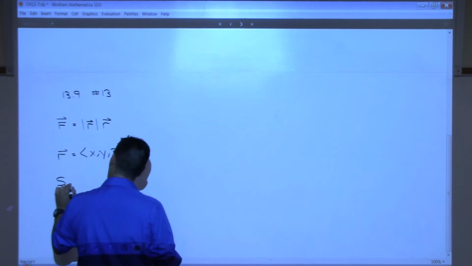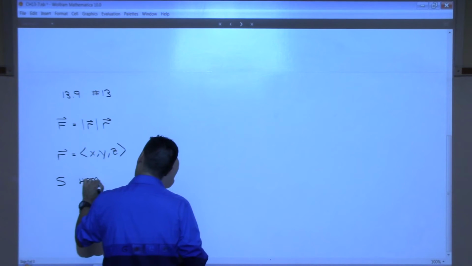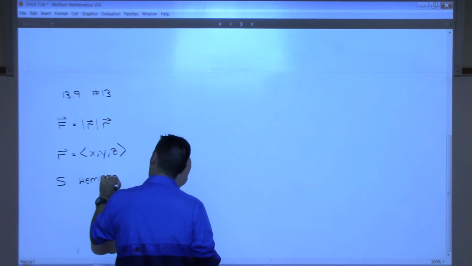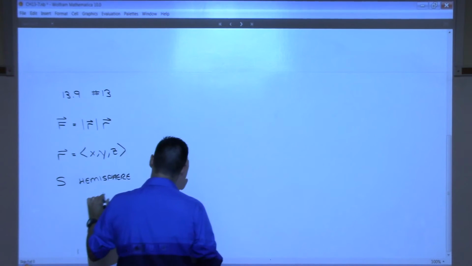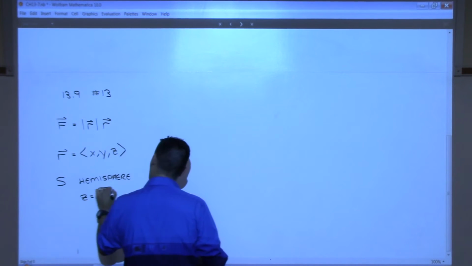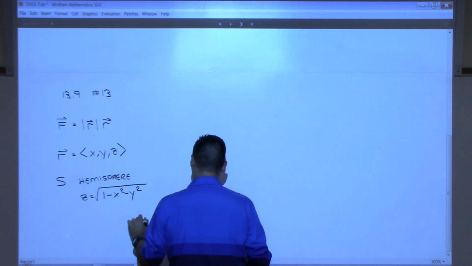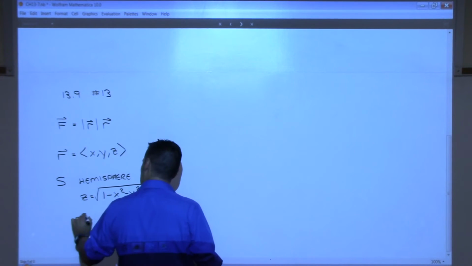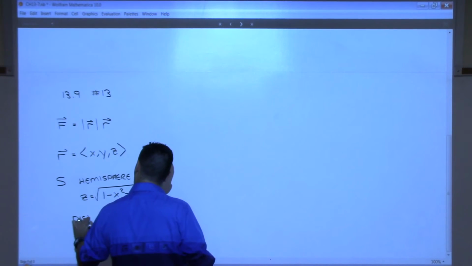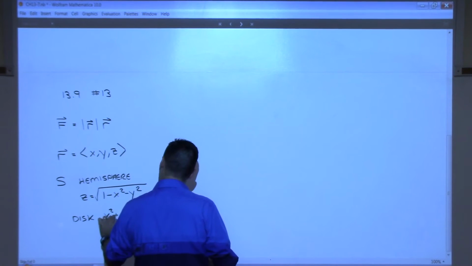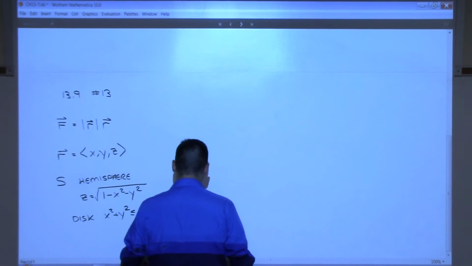S is the hemisphere z equals square root of 1 minus x squared minus y squared, and the disk x squared plus y squared is less than or equal to 1.